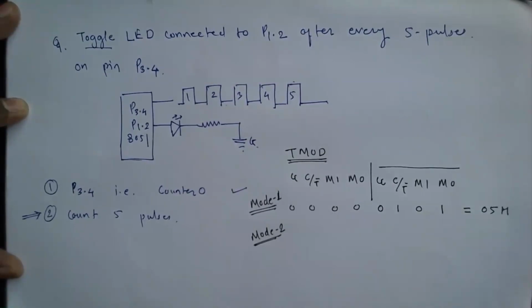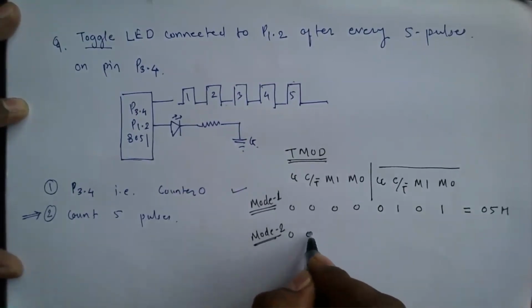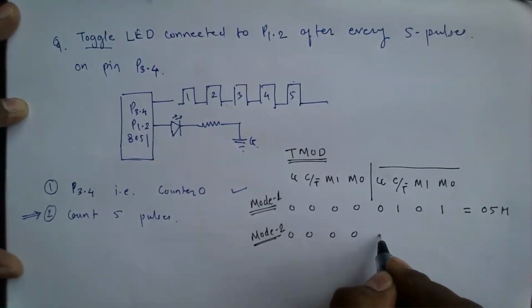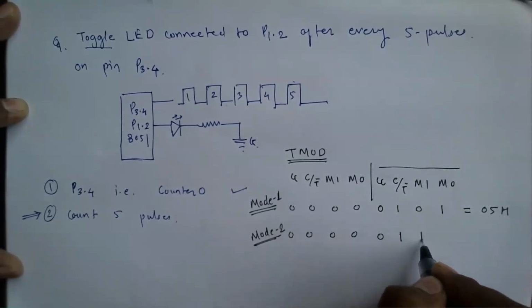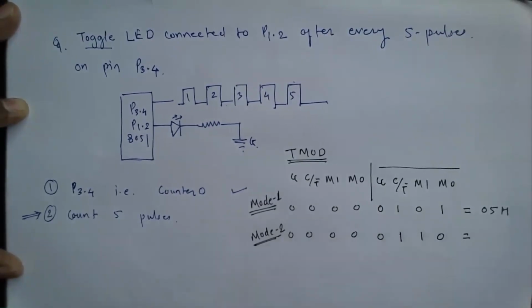How can we do this using mode 2? What would be the value of TMOD in that case? This will be the value of TMOD, right? What is this value? 06, right? So this is 06H. तो हम अब क्या कर रहे हैं?